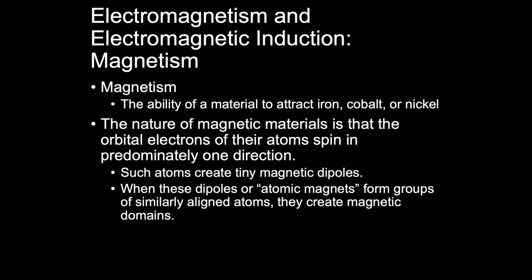And then we have these domains that exist in the magnetic materials, but they're not coordinated with each other. When these magnetic materials are placed in a strong magnetic field, the domains align with the external field, and then this organizes them and magnetizes the material, creating a magnet.